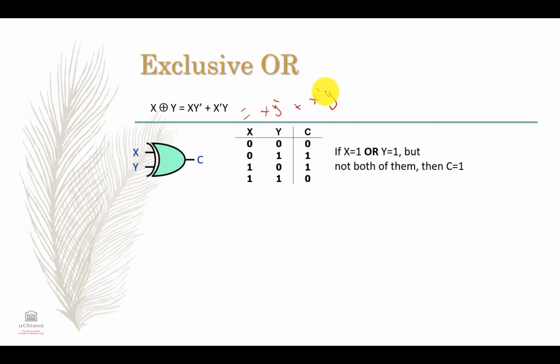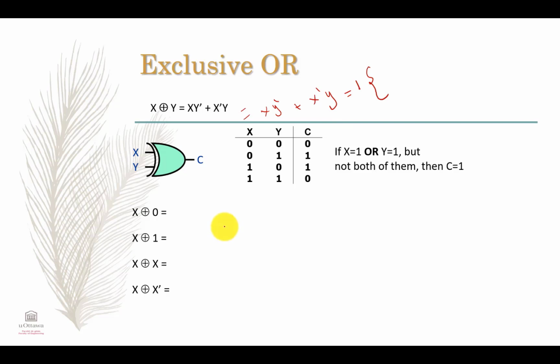That the output will be equal to 1 as long as the two variables are different from each other, okay? So if x is equal to 1 or y is equal to 1, but not both of them, then the output will be equal to 1, okay?